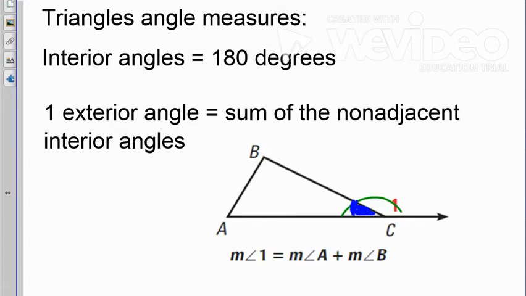If we know that these two have to sum to 180 degrees, the remaining angle would also have the same relationship with this exterior angle here. Now I know that might not have been the best explanation, but as long as you understand that the sum of angles A and B equals that exterior angle 1 here, that's all you really need to know. And I'll show you what I mean when we go through some examples, okay?